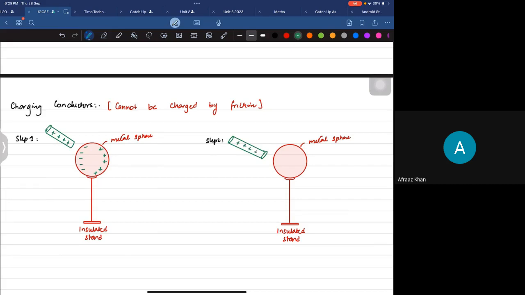But this time, because there are positives on the other side, we connect it with an earth wire. It's called an earth wire. It's just a wire connected to our earth, on the floor, we can do it.